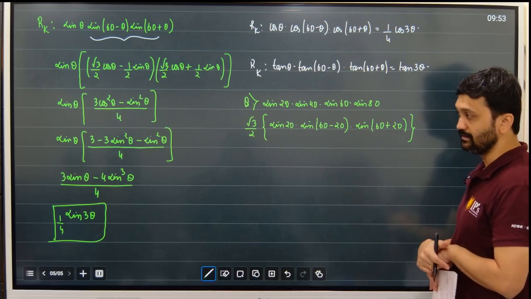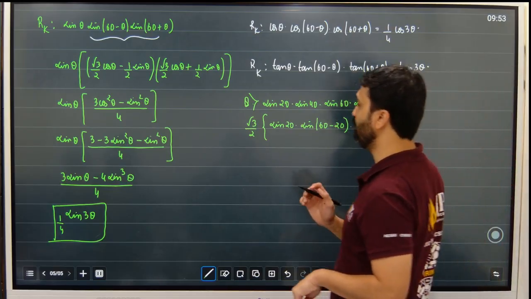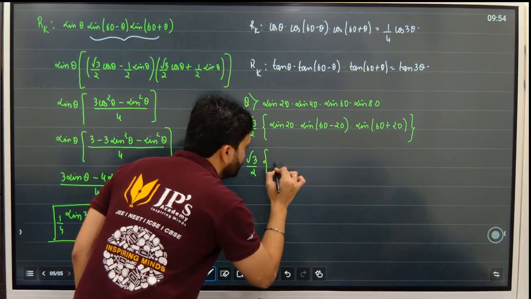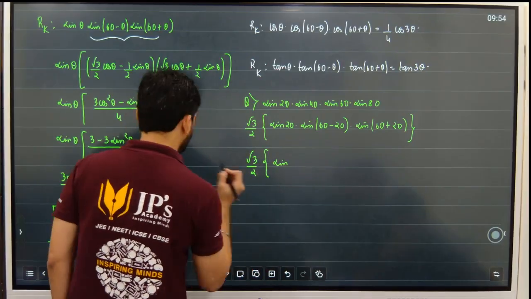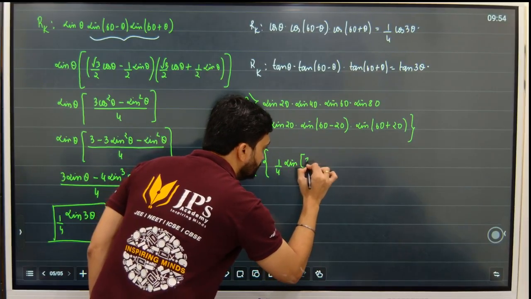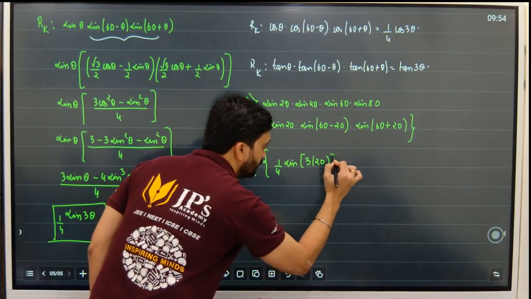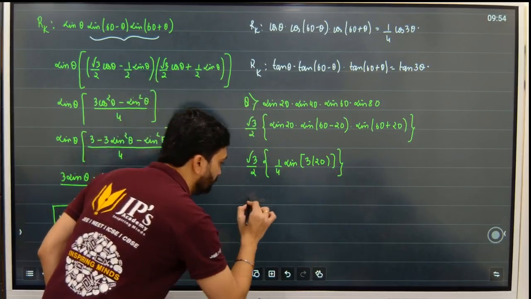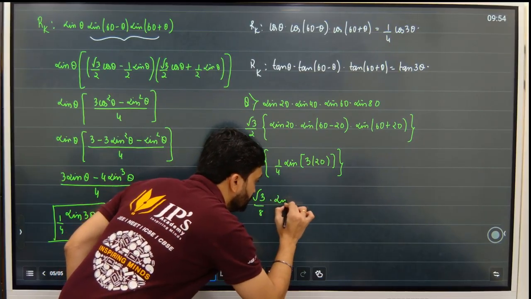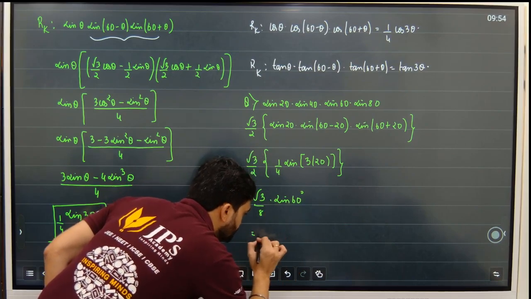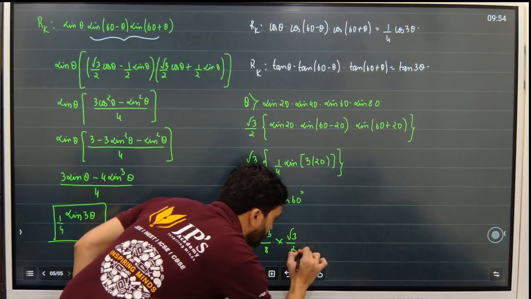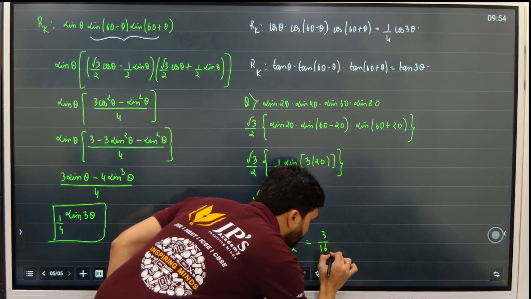So I have understood that my theta is nothing but 20. And since my theta is 20, I will write √3/2 times 1/4 sin 3 theta, which will become √3/8 times sin 60, which is equal to √3/8 times √3/2, which will become 3/16.